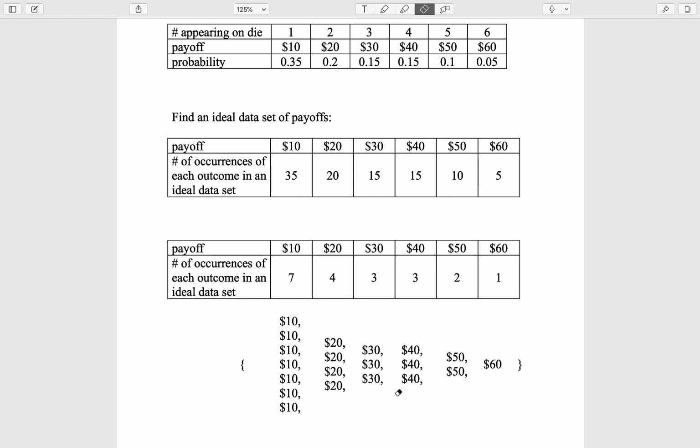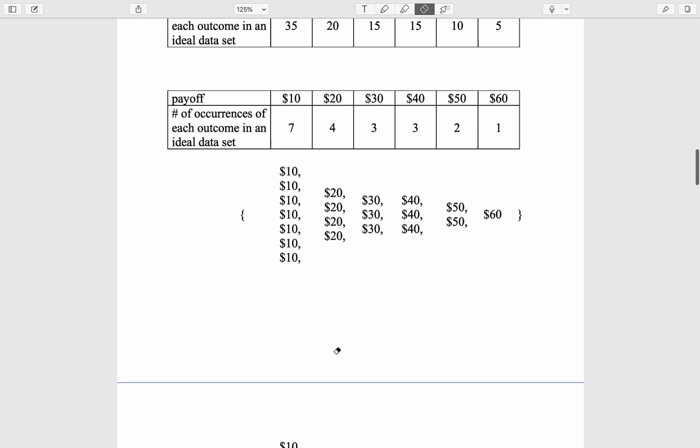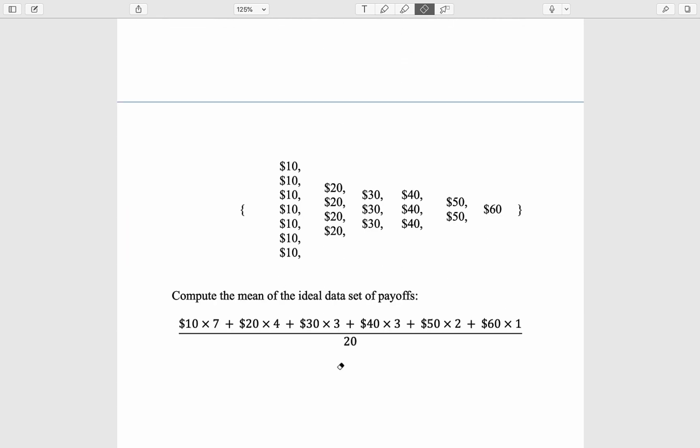Right? There are 20 amounts. To find the expected payoff, which is the long-term average dollar amount that we make per play of the game, we just take the ordinary average of these 20 numbers. We just add up these 20 numbers and divide through by 20. Here I've organized them in our usual way: $10 but 7 copies of it, plus $20 but 4 copies of it, etc., all the way down to $60 but 1 copy of it.